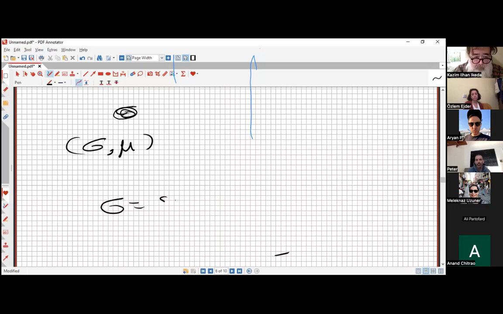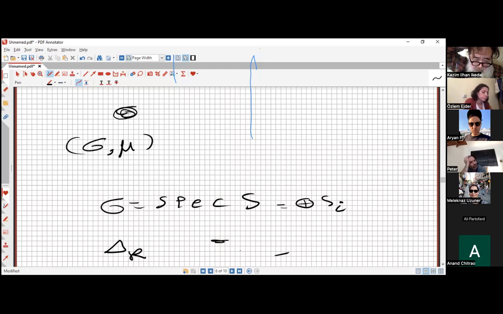Assume that G is a spec of S. This mu gives a filtration on S. Over here we have delta of R. It also has a natural filtration called the Nygaard filtration, where N i of delta of R is Frobenius inverse of d^i. So I have two filtered rings.